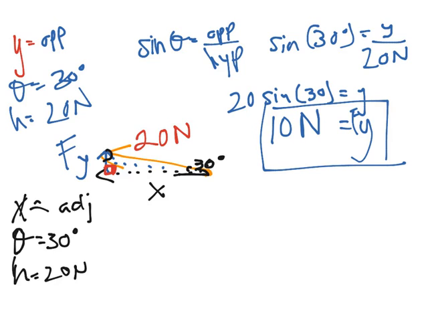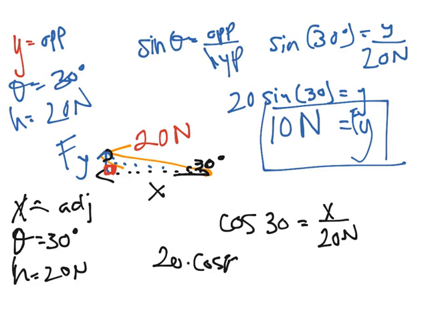So now you're going to set the same equation, except with cosine of 30 is equal to adjacent over hypotenuse. So that's cosine, so it'd be x over your hypotenuse, which is, again, 20 newtons. So it'd be 20 times your cosine of 30. Always check that you're in degrees, will give you your x. And if you solve this, x will then equal 17.3.